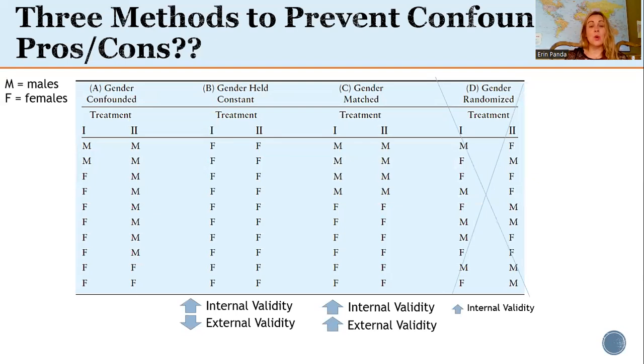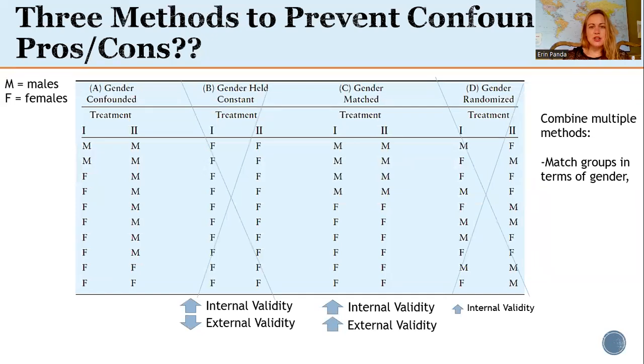If we only test girls, our study will be able to speak to the relationship between music and math abilities in girls, but we won't know if a similar pattern will also be seen in boys. And this is a problem because our results will only apply to 50% of the population. So the downside of holding constant is that it decreases our external validity. So we would probably want to use a matching process to control for gender.